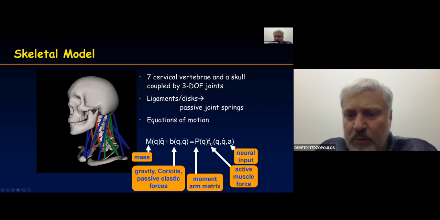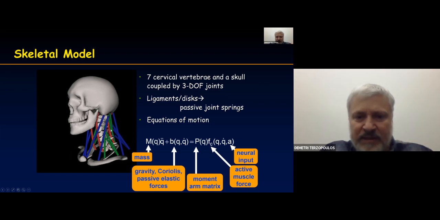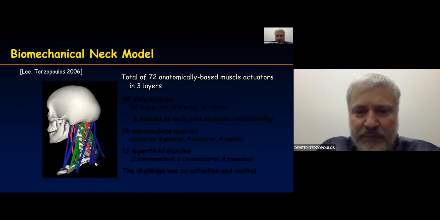But what's driving the whole thing is a set of signals that are sent to each of the muscles. Okay, so there are 72 muscles in this model in 3 different layers.